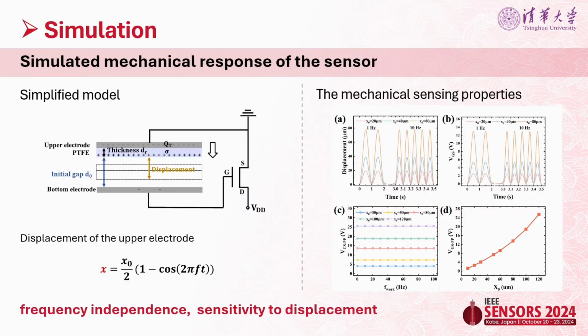This is a simplified model, and by numerical simulation, the relationship between the gate voltage, or potential, and the displacement of the upper electrode can be explored. As shown in the right picture, it can be seen that under sine stimulus, the peak-to-peak gate voltage is unaffected by frequency and dependent on the displacement.